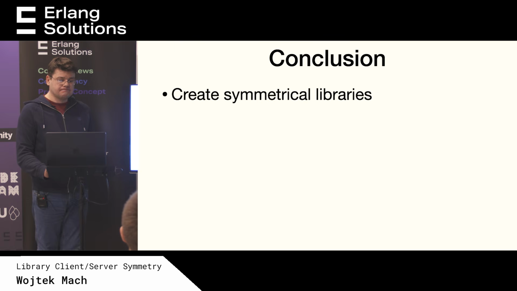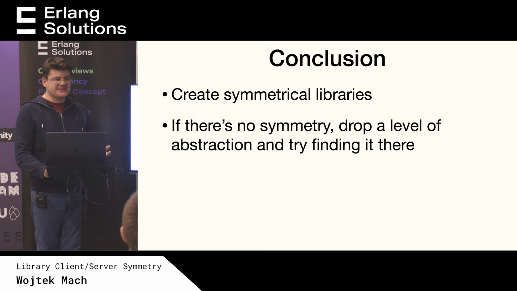And so to conclude, if you can create symmetrical libraries, that's just easy. However, if there is no symmetry, let's say for some reason I write a new HTTP client, right? That's not easy. So it is kind of a hard ask to say, okay, why don't you write a client and a server as well?